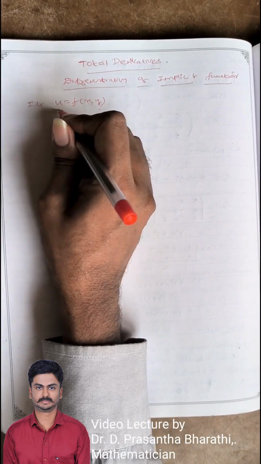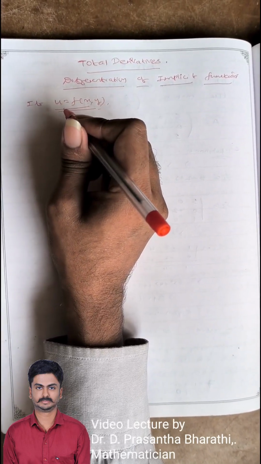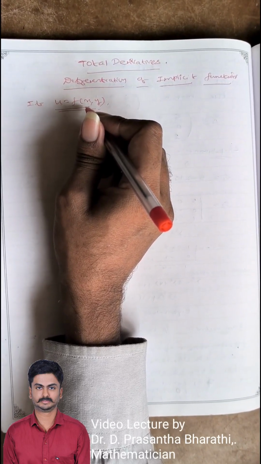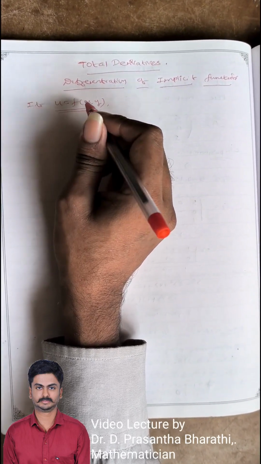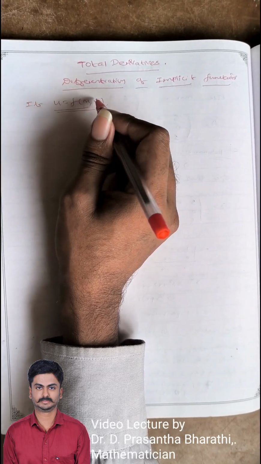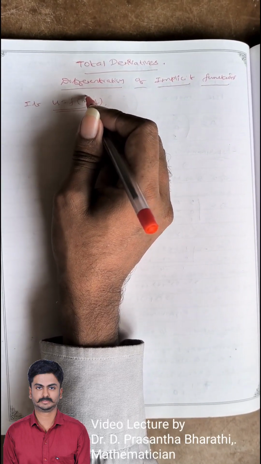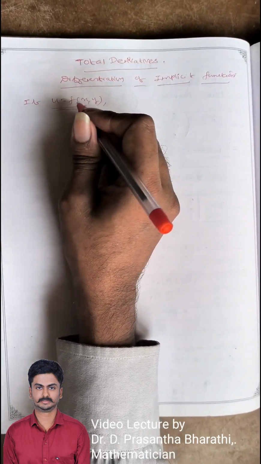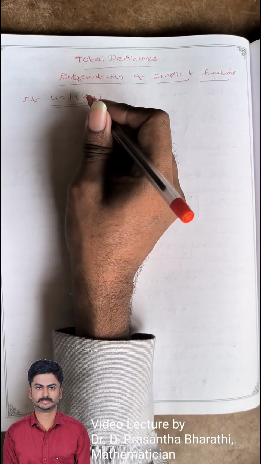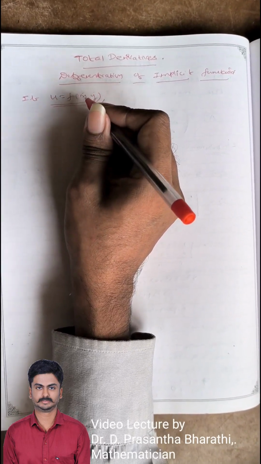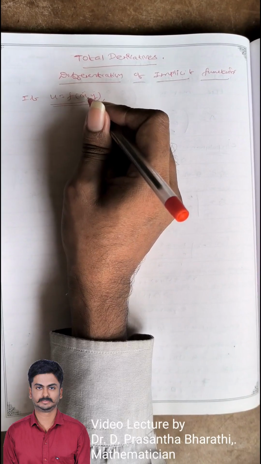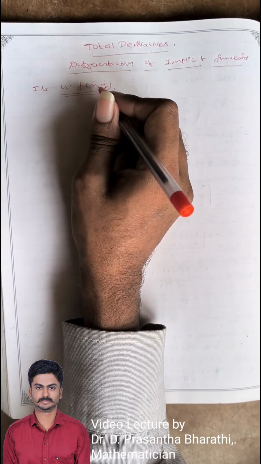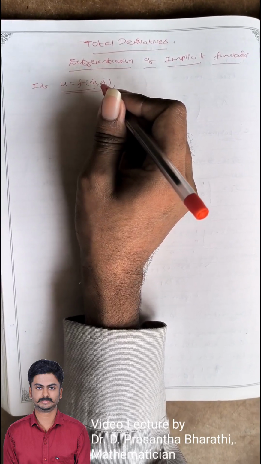Now here in total derivative also we have u as a function of x and y, but in partial derivative u is a function of two independent variables. In partial derivative x and y are variables. Here x and y are not variables. Here x and y are also functions.